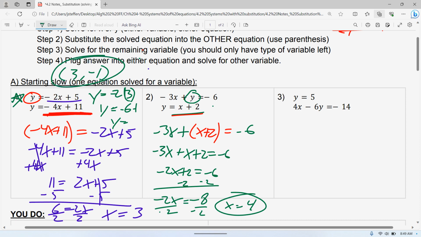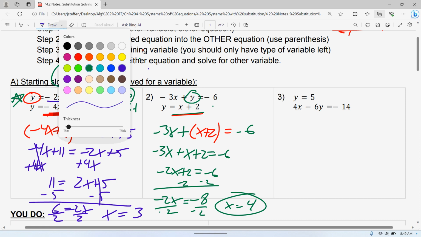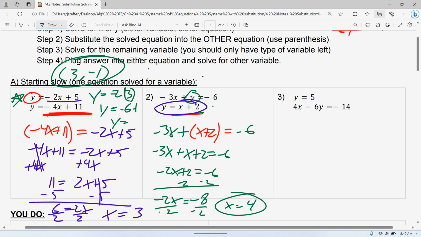But once we get x, now we have to plug that back in to find our y. Again, it doesn't matter which equation you use, but the easiest equation will always be, in my opinion, one that has a variable by itself. So I have y is equal to 4 plus 2. 4 plus 2 is just 6. 4, 6.